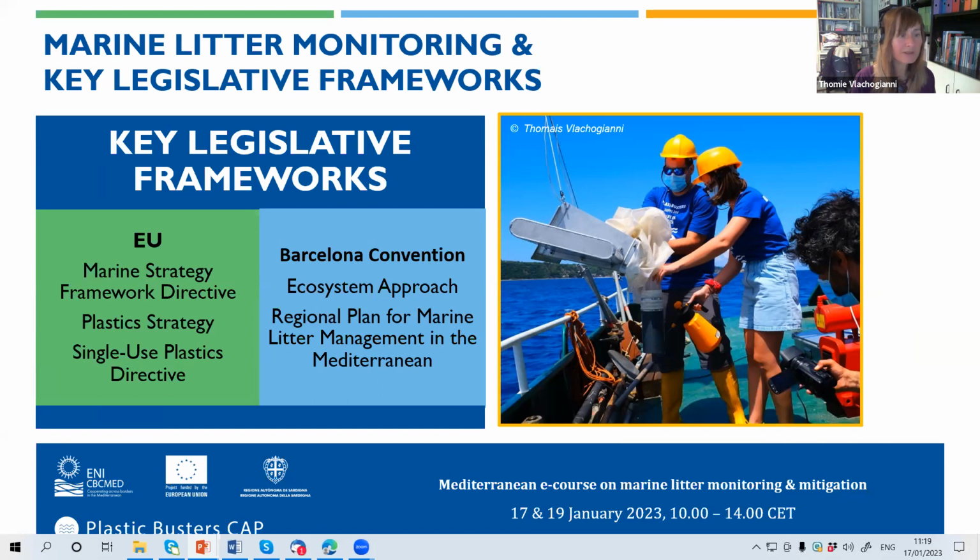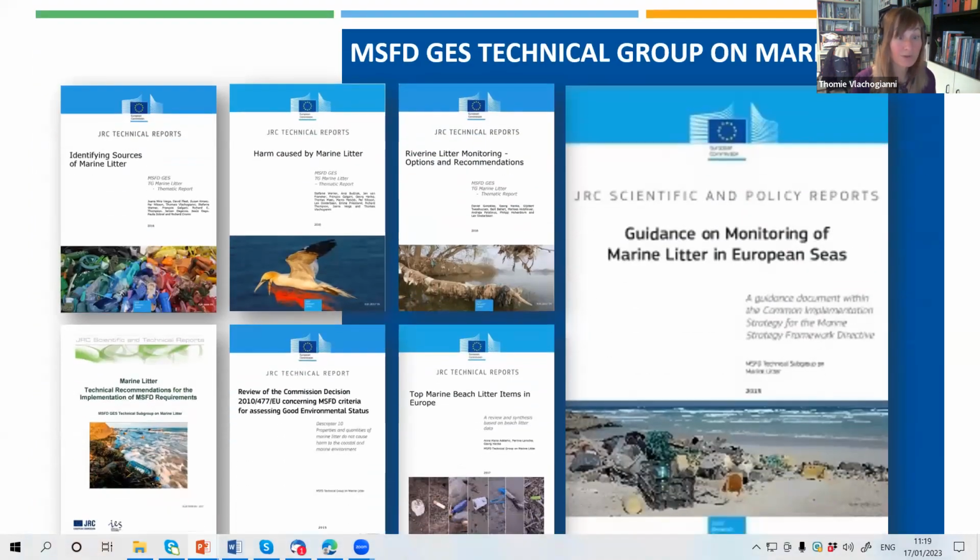I will not go into details, but most of you who are active in the Mediterranean region are aware of these legislative frameworks.